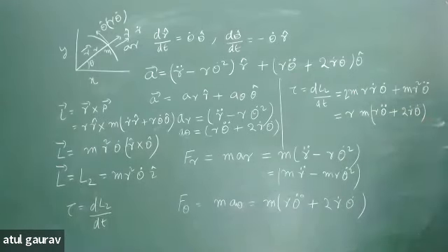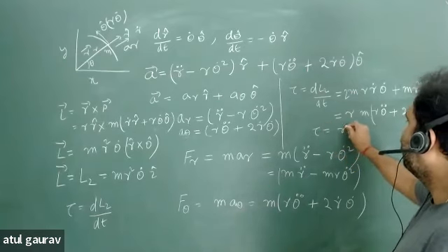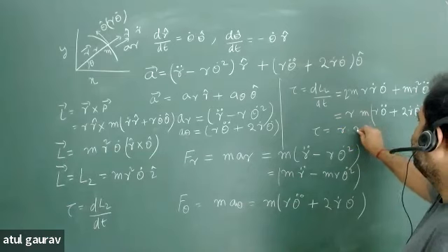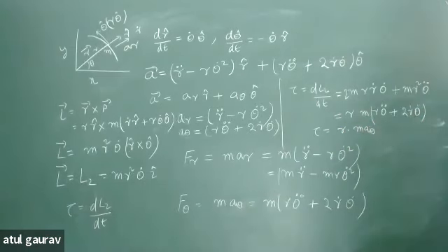And what is this particular thing? A theta. So the value of torque is nothing but r m A theta. Now, when your torque goes to 0, then what will happen?